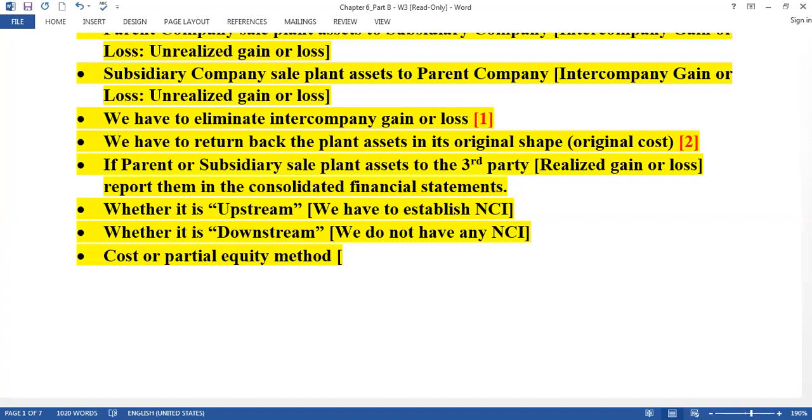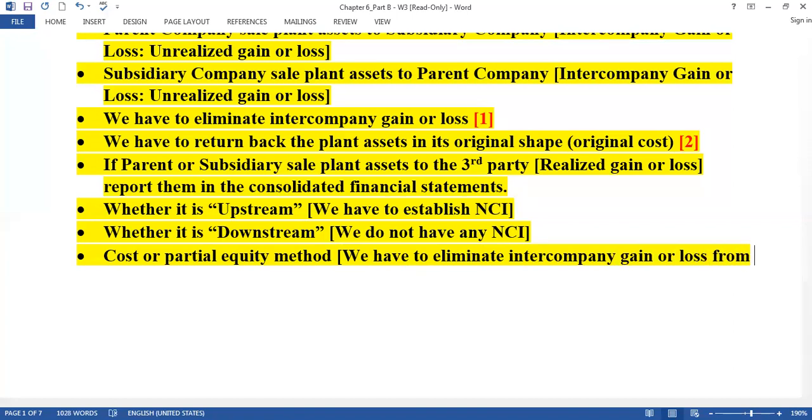If your question is about the cost or partial method, then we have to eliminate intercompany gain or loss from beginning retained earnings.